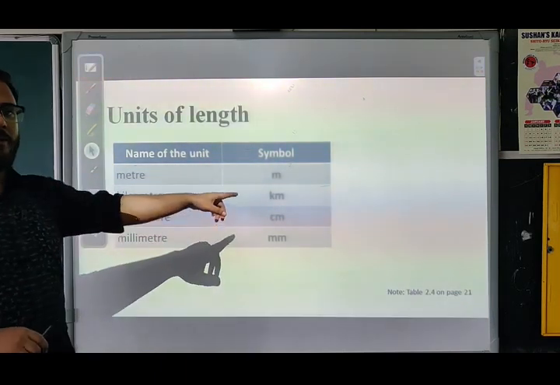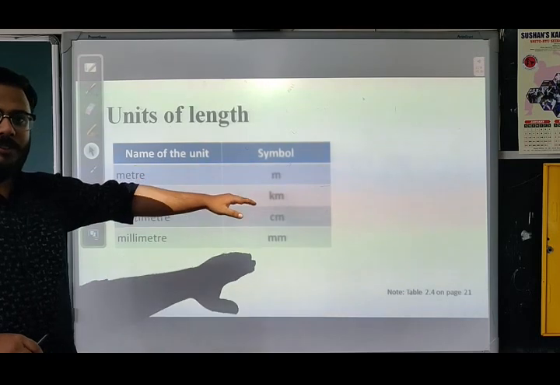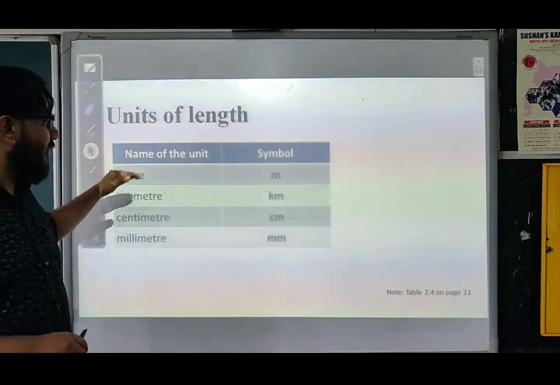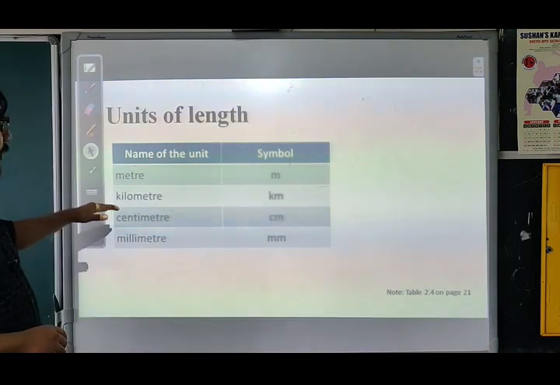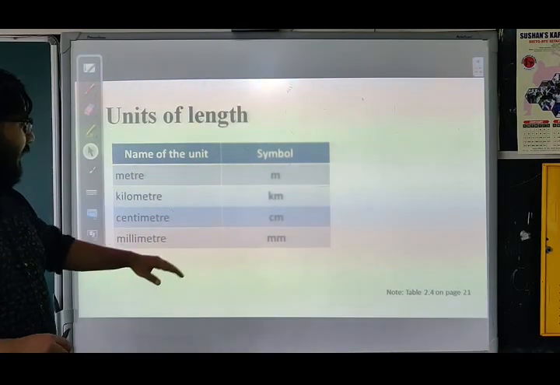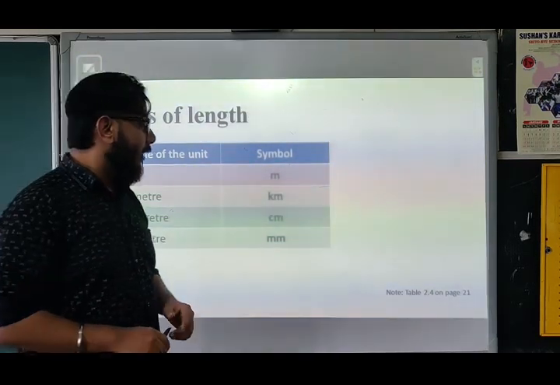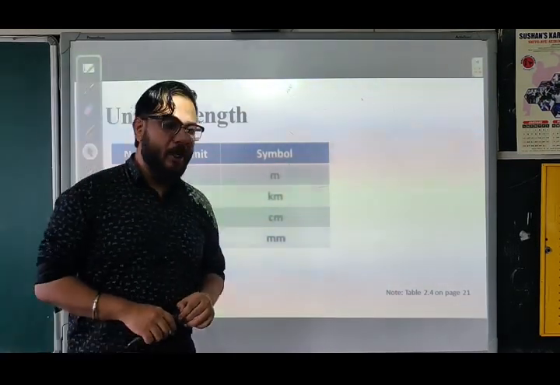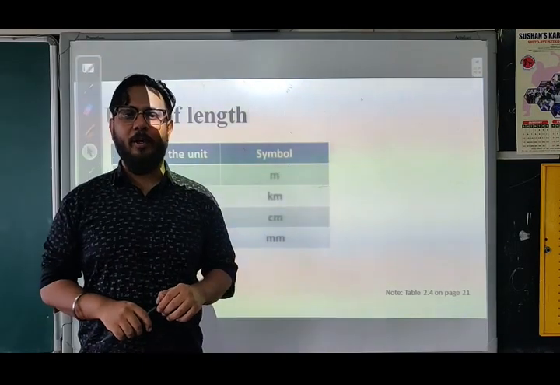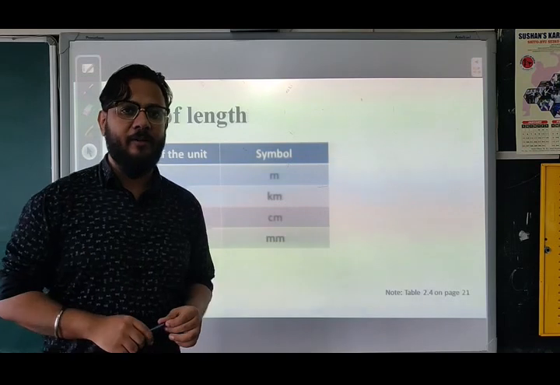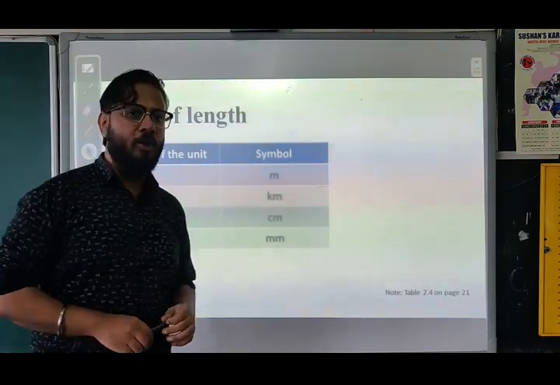The symbol of meter is m. The first one that I always mention is the SI unit. So meter is your SI unit, m, kilometer is km, centimeter cm and millimeter mm. We have already discussed this. Go to page number 21 and there is a table 2.4. Please go through that table, it is very important, and if you want you can copy that table in your notebook.